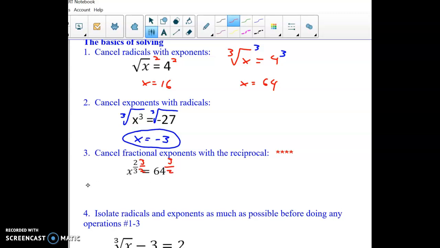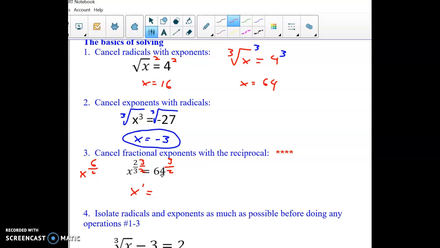All right, and so what happens on the right is you get x, and if I do power of a power, I would multiply them to give me 6/6. Multiply the numerators, multiply the denominators, and that just becomes x to the first, or x. So it's a way to isolate x here by raising it to the reciprocal power.